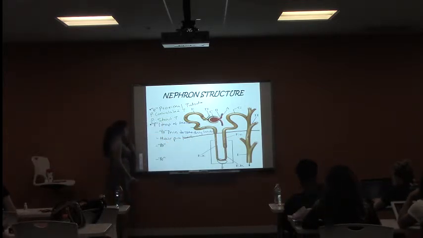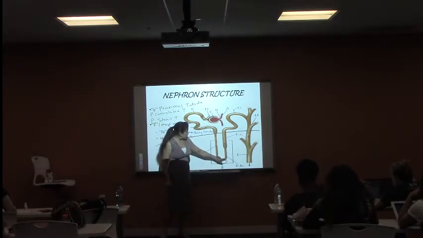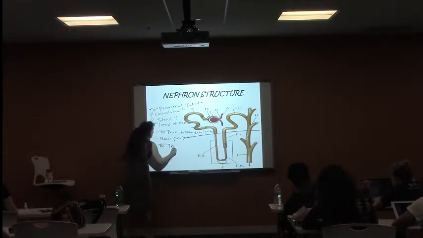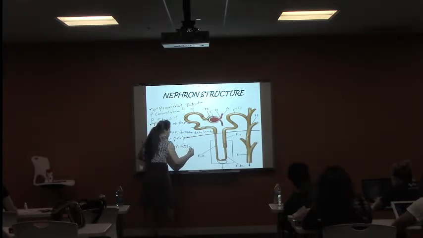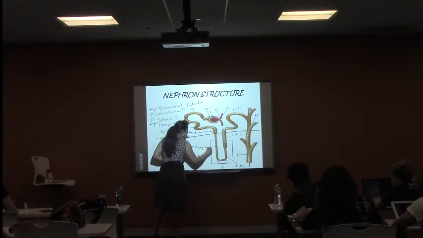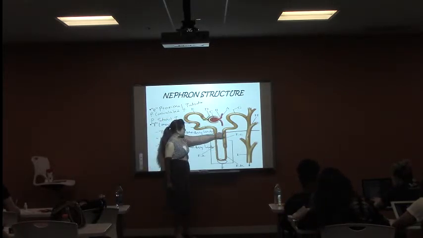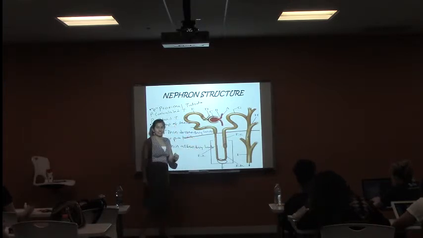Hairpin turn. Okay? Then you have FB, which is this portion. It's thin ascending. And then you have this segment, which is called thick ascending limb.